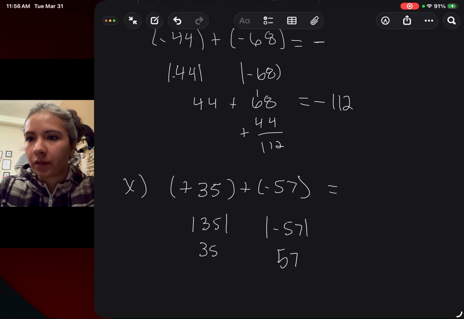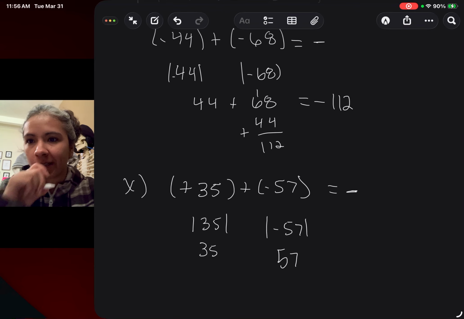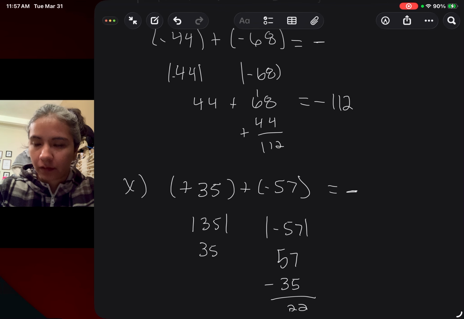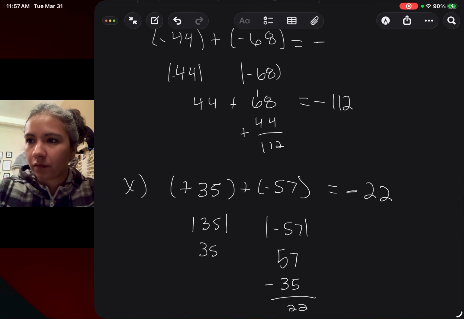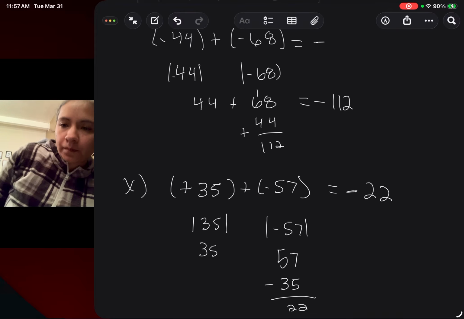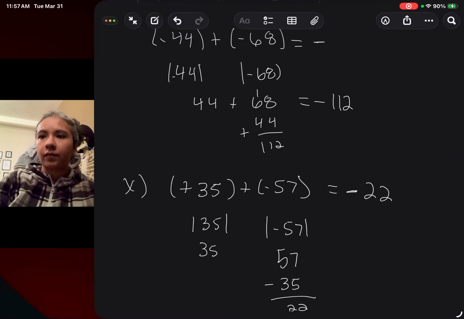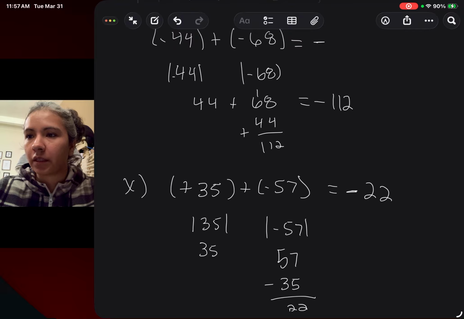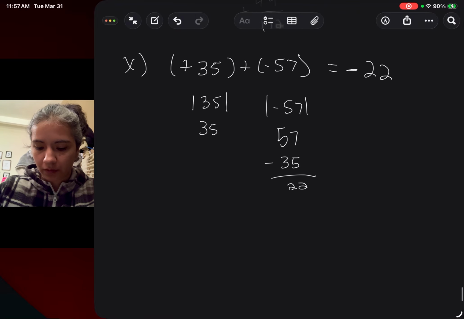So 57 is the bigger number, so we're keeping that negative, and now we're going to take the difference of these two. So we're going to do 57 minus 35, which is 22. Alright, so the answer is negative 22.